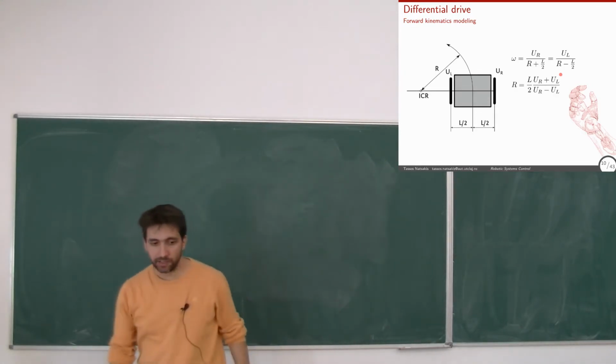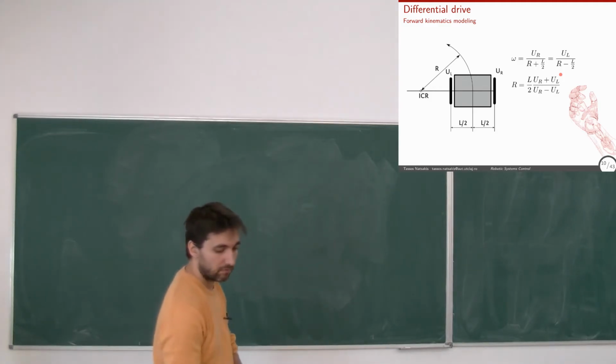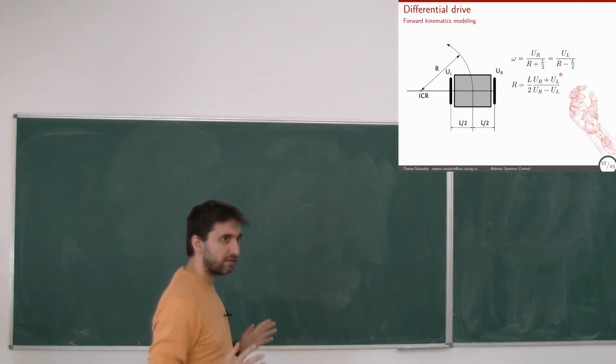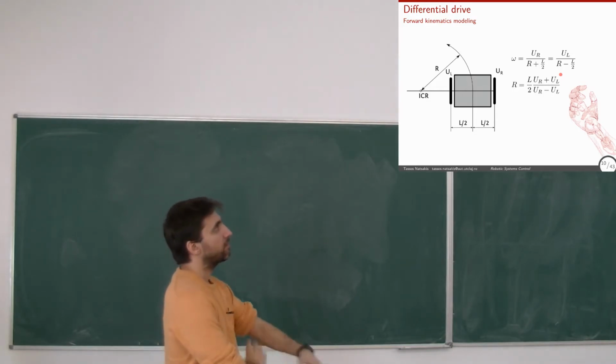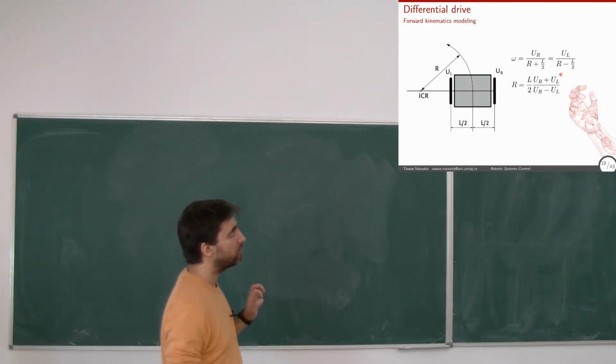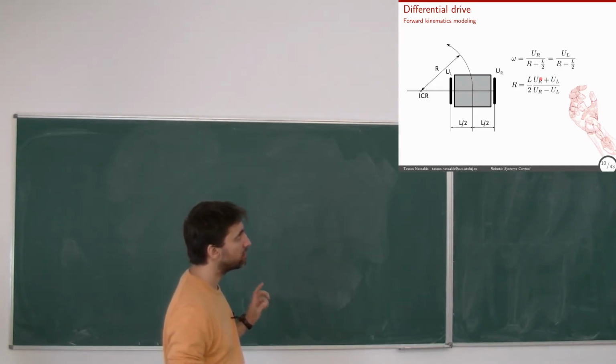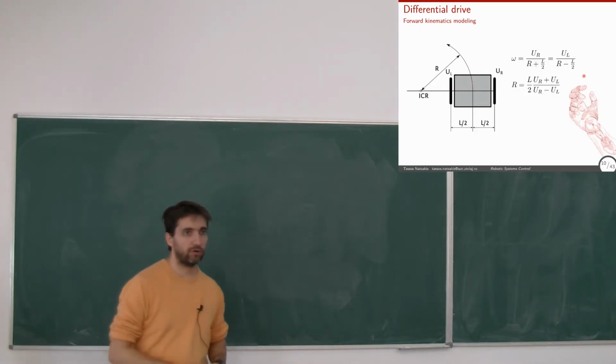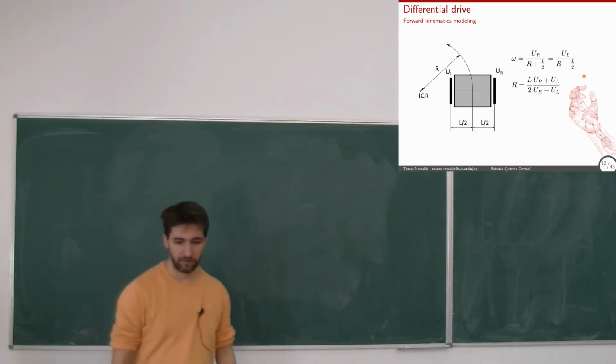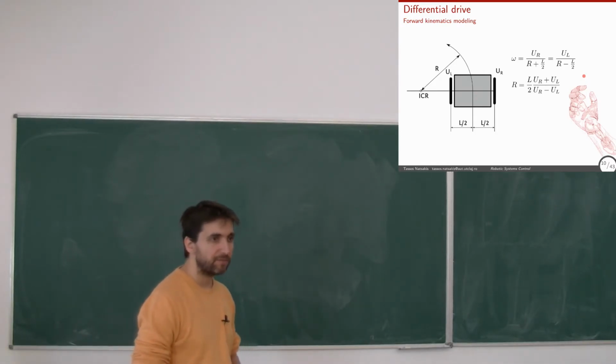So now I have a model that tells me, if I know the curvature at the moment, what value I should give to the left wheel velocity and the right wheel velocity. Or do I? Is this equation enough?